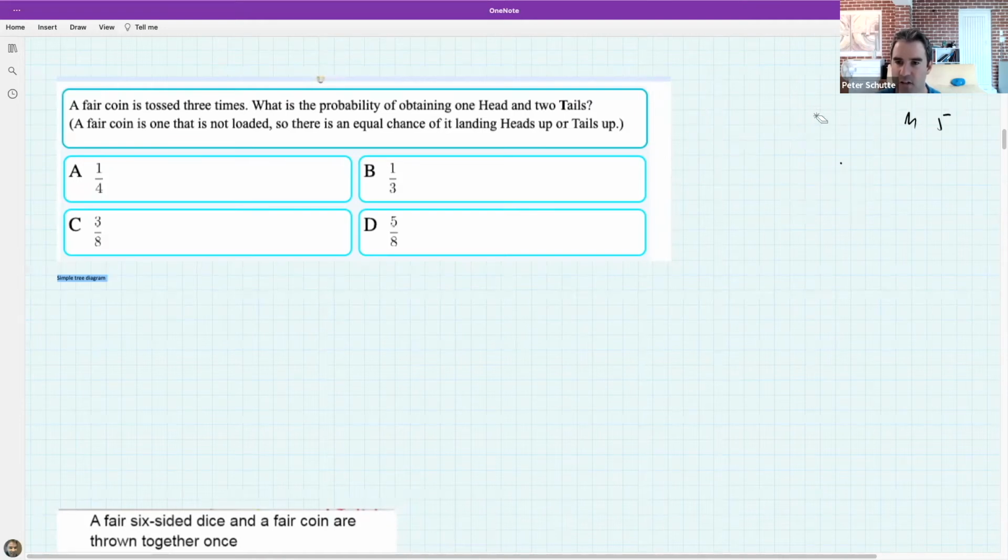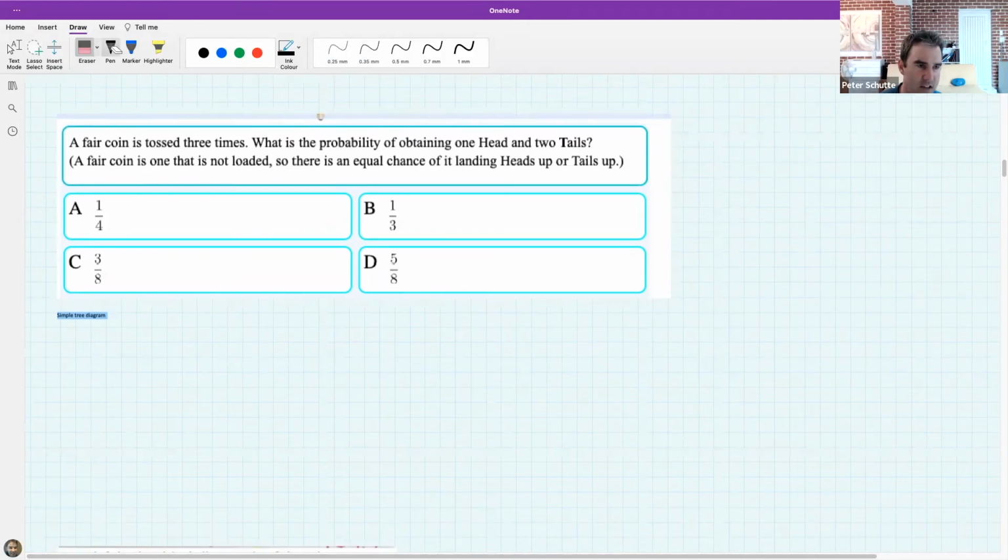Okay. So a tree diagram is used when there are multiple events, compound events, or multiple repetitions. In this case, the coin is tossed 3 times. And when we toss a coin, there are 2 possibilities.